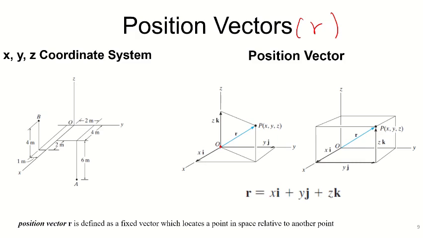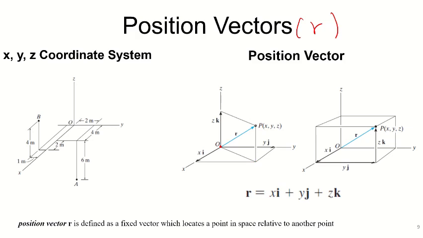The position vector tells you to move x distance in the i direction, or x direction, then y distance in the j direction, which means y direction, and move z distance in the k direction, which means z direction.